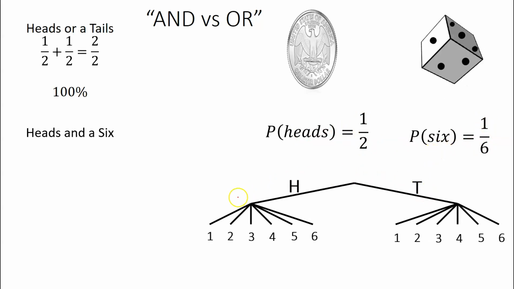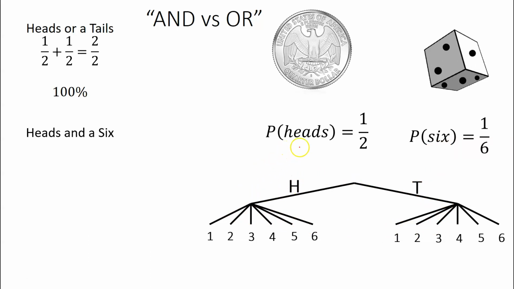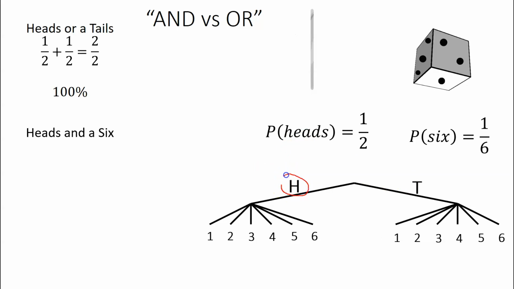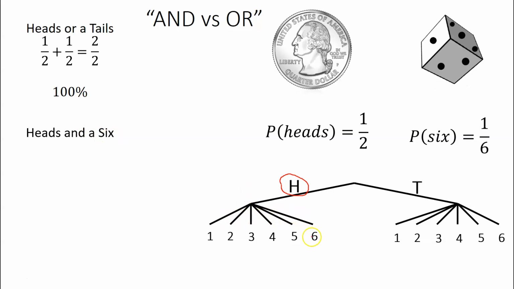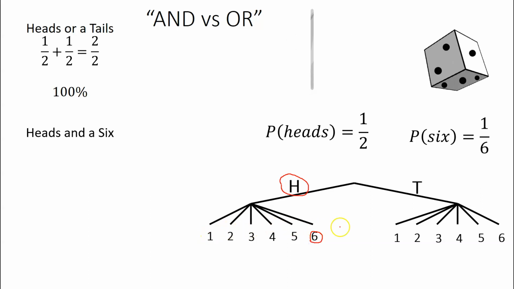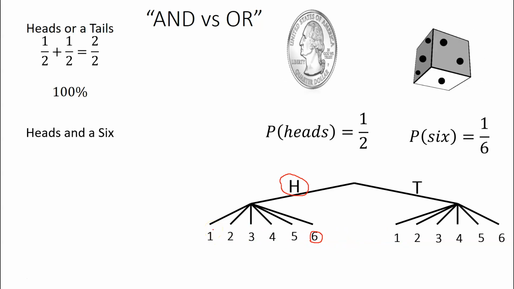Again, here's a probability tree, or a probability diagram. So we toss the coin first. Of course, there's 2 things that can happen, but we want to go this direction, the direction of heads and a 6. We get to the numbers on the die. Well, there's only one of them that's going to give us the heads and the 6, but there's 12 things that could possibly happen here. We have to have our math match our reality.